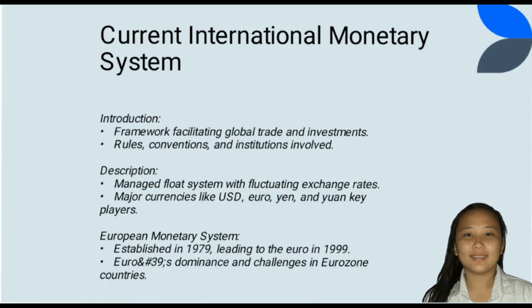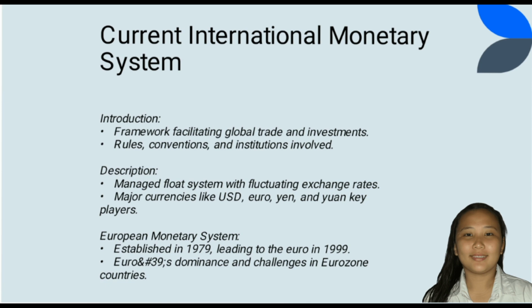The current international monetary system. For the introduction, the current international monetary system serves as a framework that facilitates global trade and investments. It encompasses a set of rules, conventions, and institutions that regulate financial interactions on a global scale.